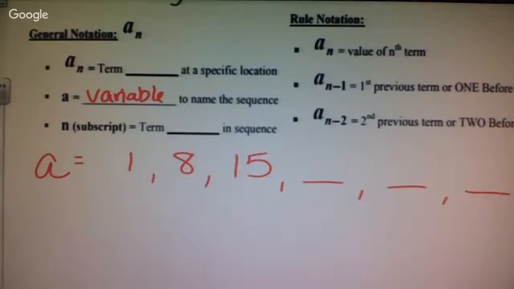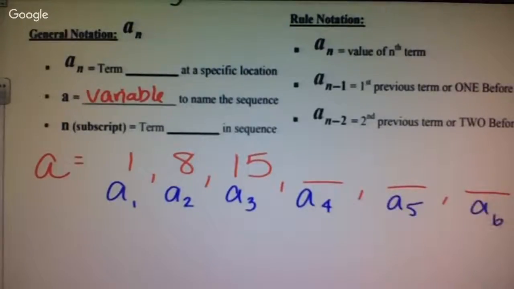Each part of the sequence then is A sub 1, A sub 2, A sub 3, A sub 4, A sub 5, A sub 6. A represents that I'm in the A sequence, and the subscript tells you where your number falls. This is my first number in the sequence. This is my second number in the sequence.